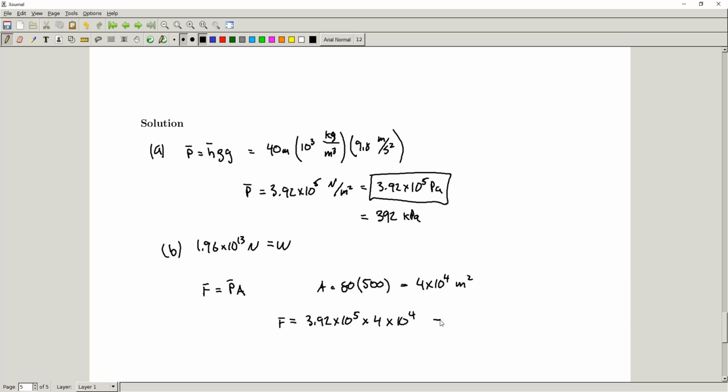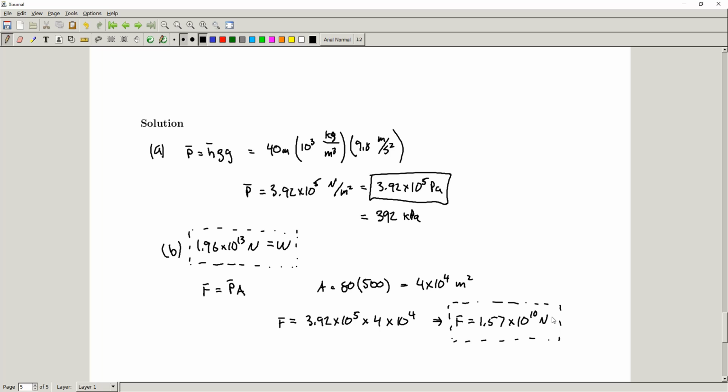And if you do that calculation, you're going to find that F is equal to 1.57 times 10 to the 10 newtons. Okay, so this was the full weight of the water, and this is the force exerted by the water on that surface area of the dam which is facing the water, right?